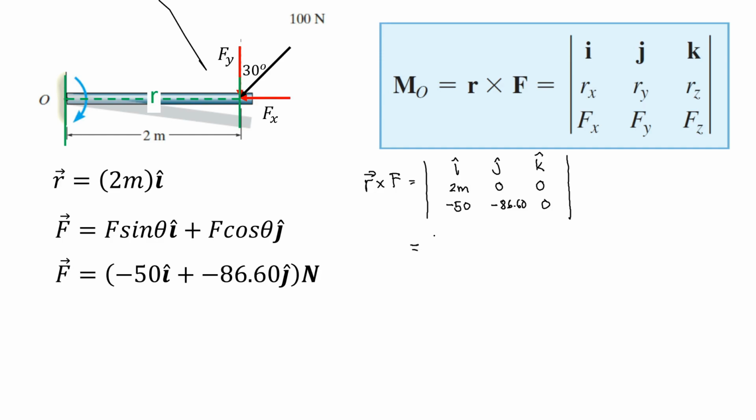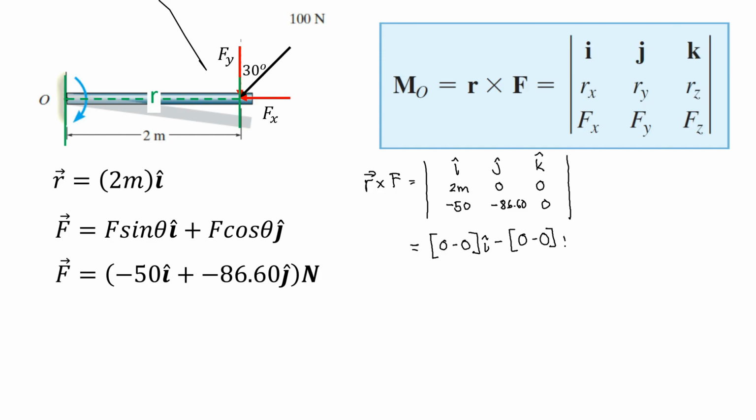So let's try to solve now. Let's cover the i first. That is 0 times 0, that is 0. 0 times negative 86.6, that's still 0. So that is i hat. Then minus, let's cover the j. That is 2 meters times 0, so that is still 0. Then 0 times negative 50, that is still 0.